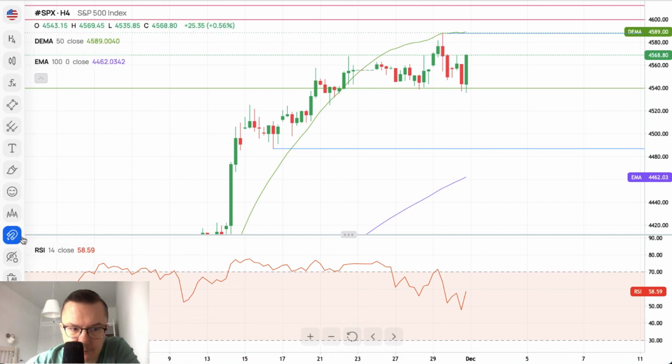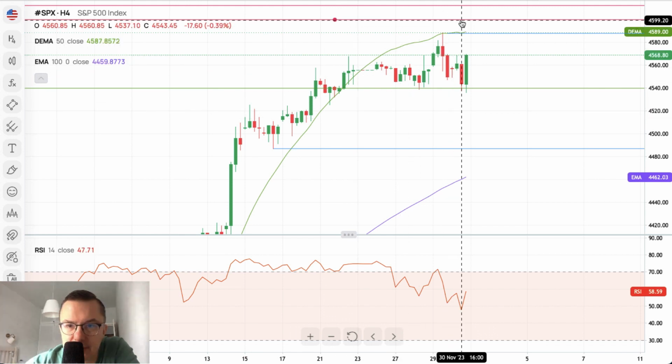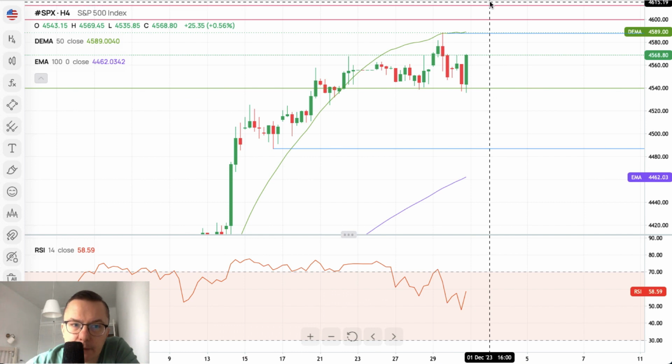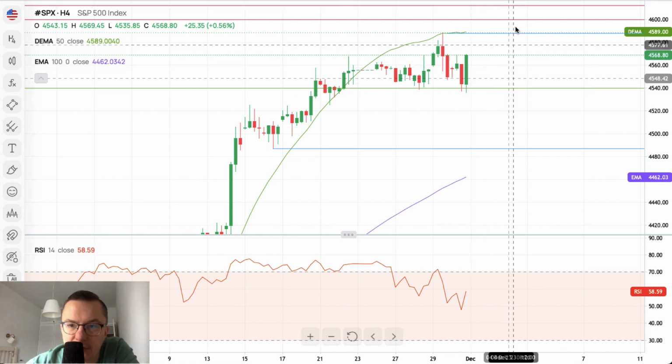4,586. Keep an eye on the technical resistance and supply zone located between 4,599 and 4,612. Any violation of this level would likely mean that we have a new yearly high, but it might be a fake breakout.